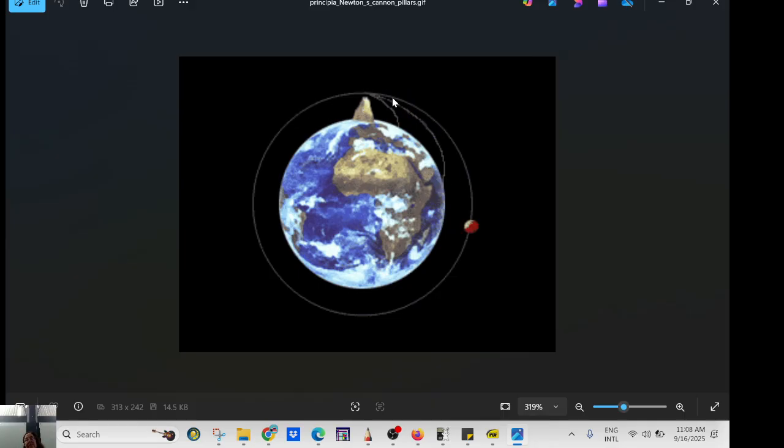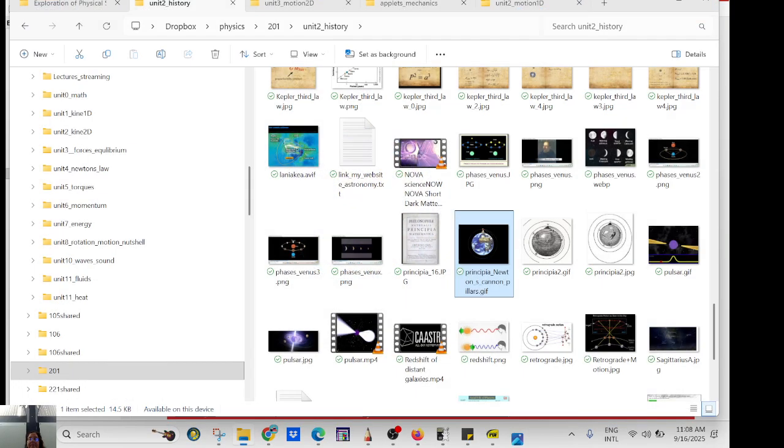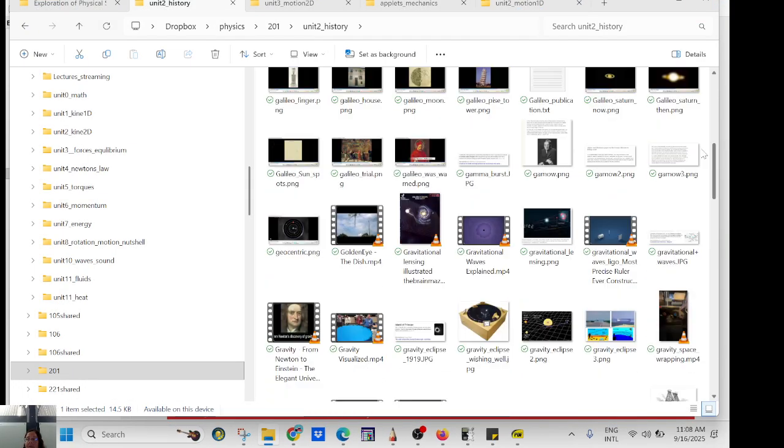You see, you increase the horizontal velocity, and at some point you can go into orbit because the Earth is curving away from the projectile. Isn't he a genius? He invented calculus as well.